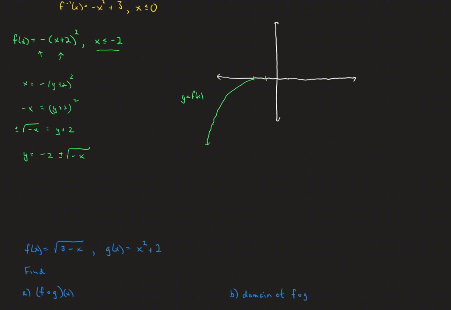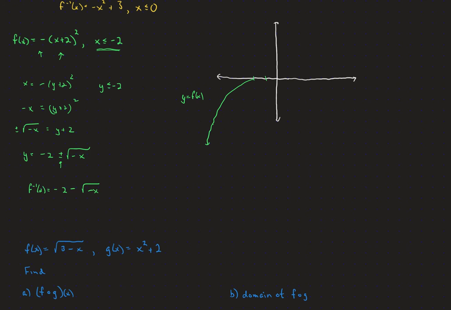Since our x values were less than or equal to negative 2, when we switch our x's and y's, we want the y's to be less than or equal to negative 2. So that means we need a minus. Our inverse is going to be negative 2 minus the square root of negative x.